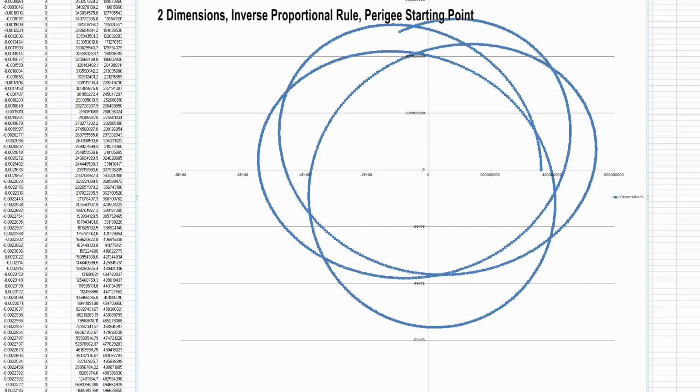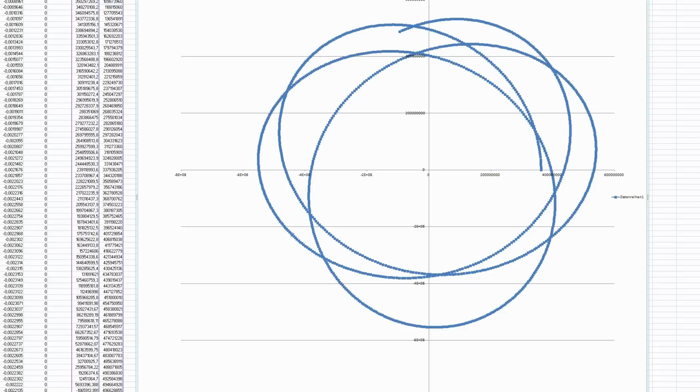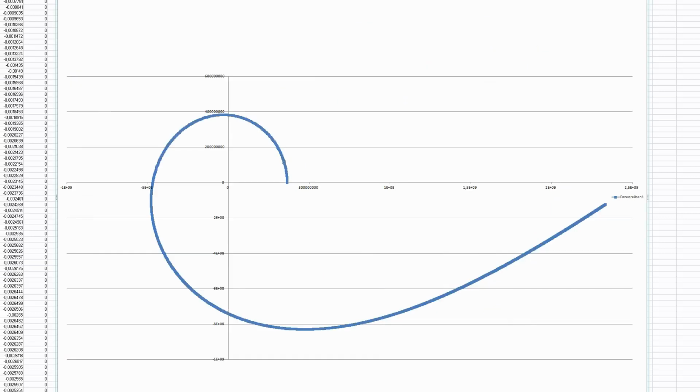But it's long been theorized that a two-dimensional universe will be very simplistic and not really capable of forming the complex structures we know today. Whereas if you look at the four or five-dimensional simulation, now also with little changes to the orbit's original state, you'll see that it's very unstable.